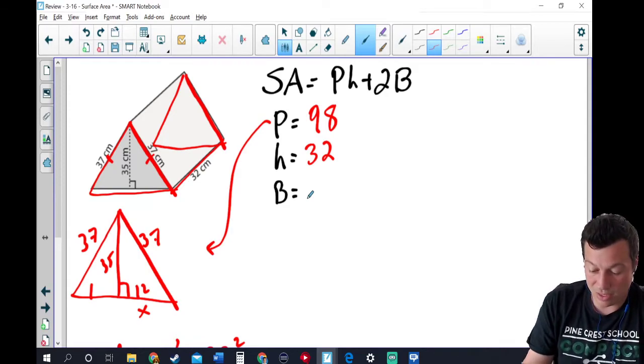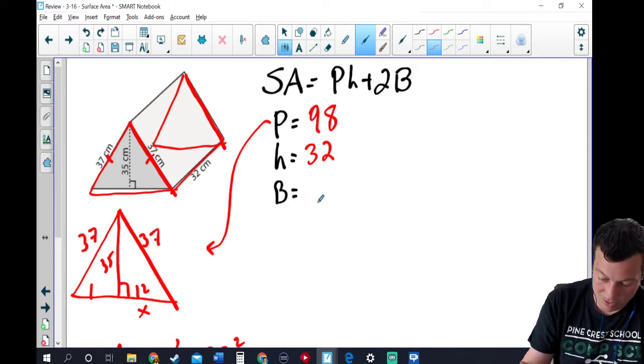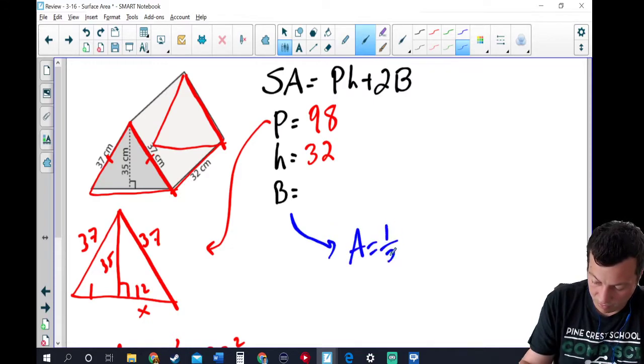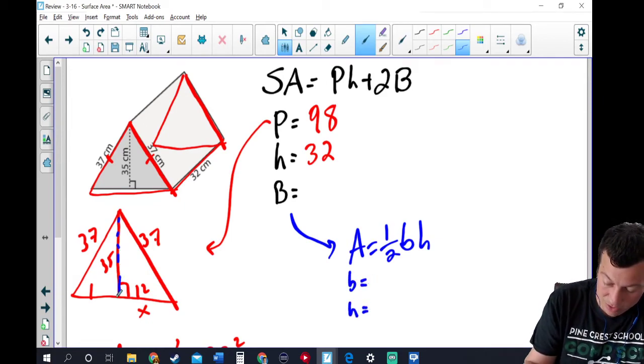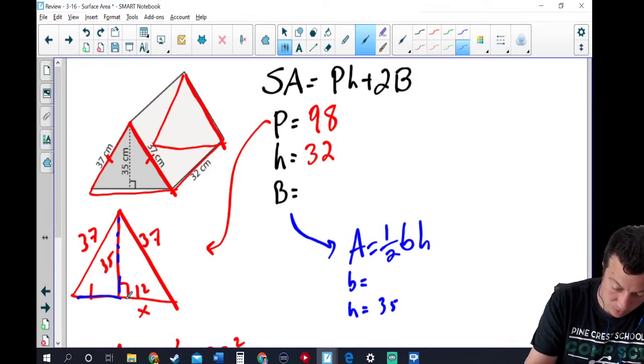And then the area of the base. The good news is I know the base is a triangle, so it's 1/2 base times height. I already know the base and the height. The height of the triangle is 35. The base is this whole side, which I already figured out was 24.